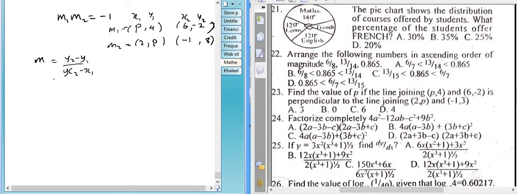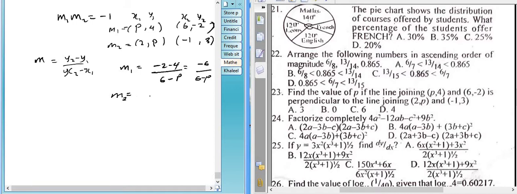So for slope 1, for the m1 we can say y2 minus y1, that's minus 2 minus 4, all over x2 minus x1, that's 6 minus phi. So therefore m1 is equal to minus 6 over 6 minus phi.